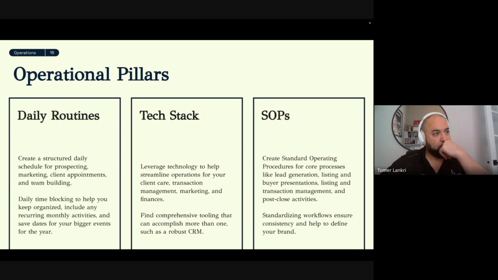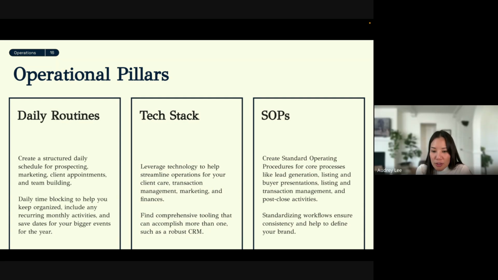Sisu is really great, very specific to real estate. But I also work with agents that use Asana, which is a broader project management tool, but can be more customized. Either way, if you are growing a team and you're going to have many hands in a deal, it's really important to have something everyone can collaborate on.